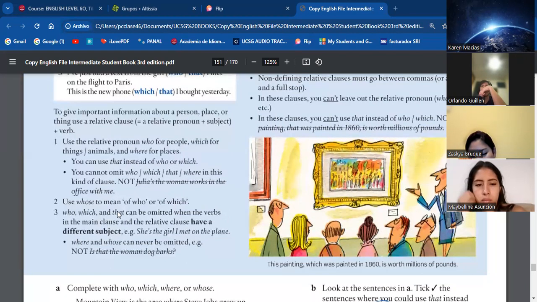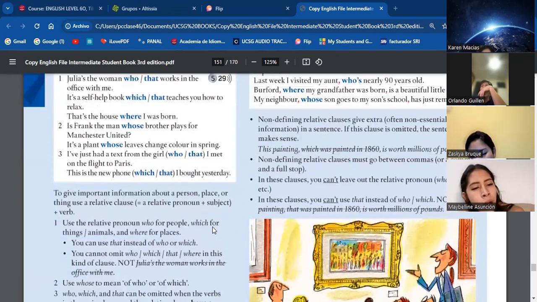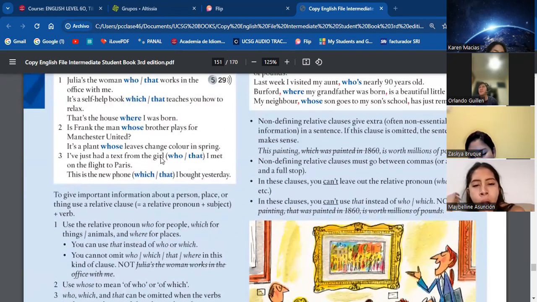Number 3, who, which, and that can be omitted when the verb in the main clause and the relative clause have a different subject. She's the girl I met on the plane. That's why they put it between parentheses. I've just had a text from the girl I met on the flight. Why?